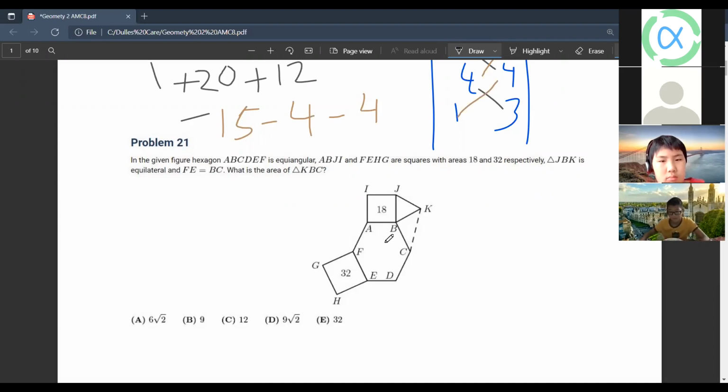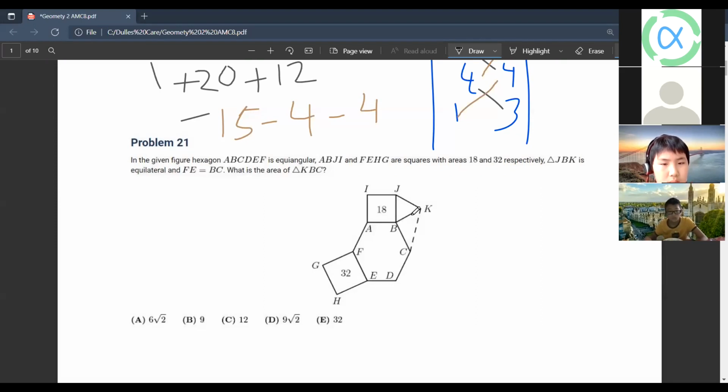So then we also have ABJI and FEHG, sorry, that are squares whose areas are 18 and 32 respectively. We also have triangle JBK, which is equilateral, and FE, which is equal to BC. So what is the area of KBC?